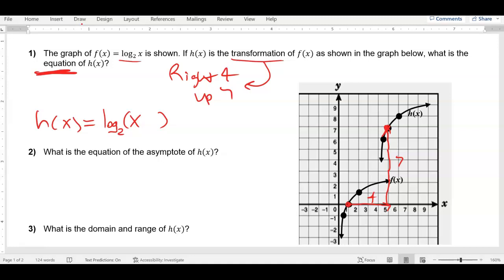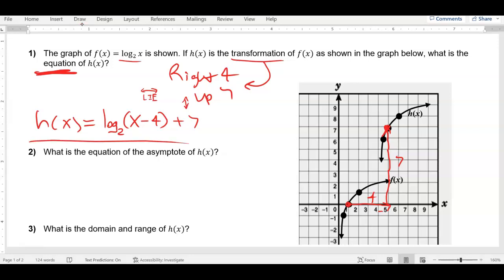So what's my horizontal change? Right 4. Now right 4 usually means plus 4, but it's an insider, so it's going to be a lie, minus 4. And then my outsider is the vertical change, up 7, it's going to be plus 7. So remember, insiders lie horizontally, outsiders do not lie vertically. Cool.